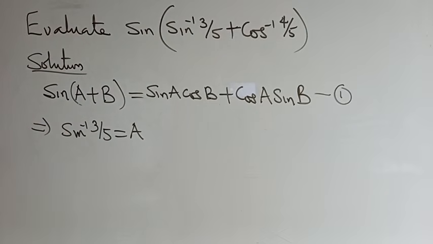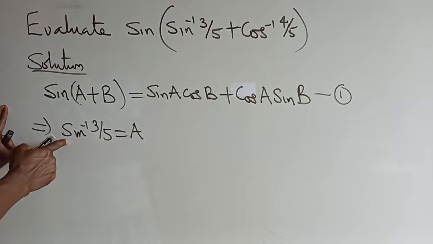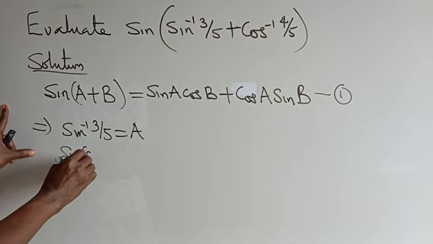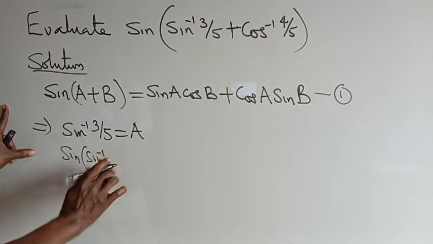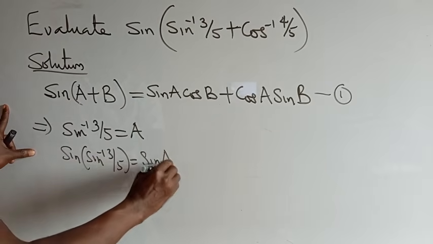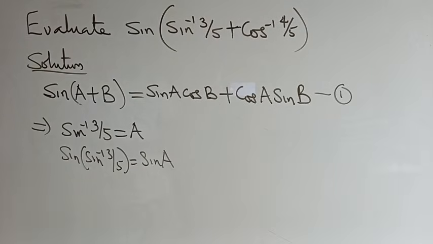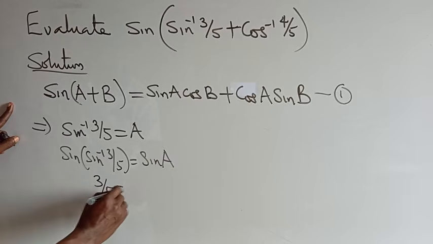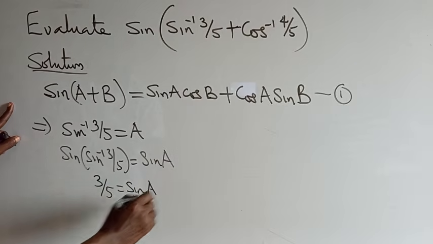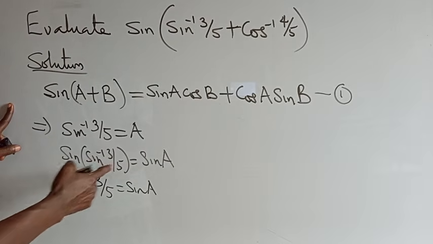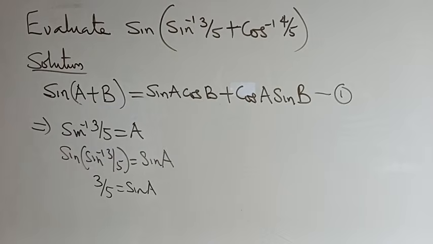Taking the sine of both sides, the sine of sine inverse of 3 over 5 is equal to sine A. So 3 over 5 is equal to sine A. I hope you understand that. Sine will cancel sine inverse.